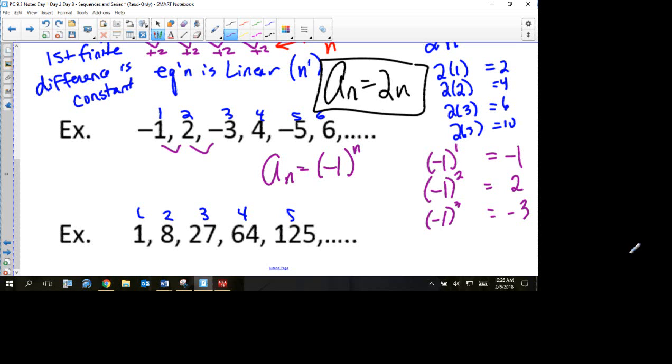So what can I do to negative 1 to make it into negative 1? What can I do to positive 1, negative 1 squared, to make it into 2? Plus n? Multiply by n.